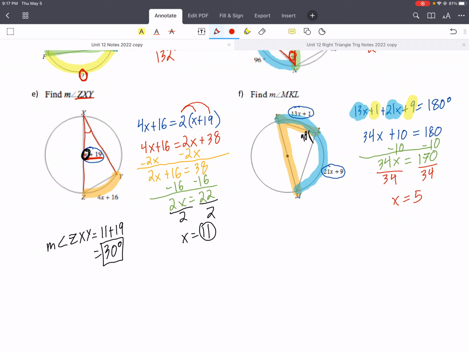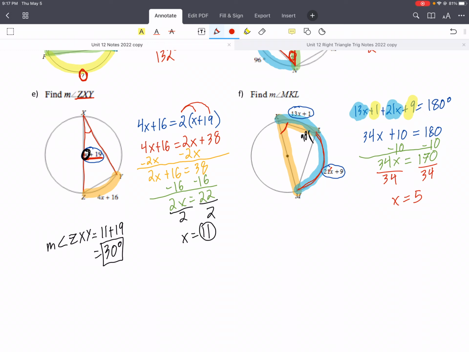But that's only part of the puzzle on this one, because we have to figure out what that red angle is. So to be able to do that, let's find out what this arc is, because that inscribed arc is made by the inscribed angle.